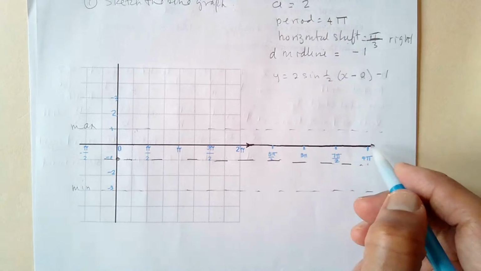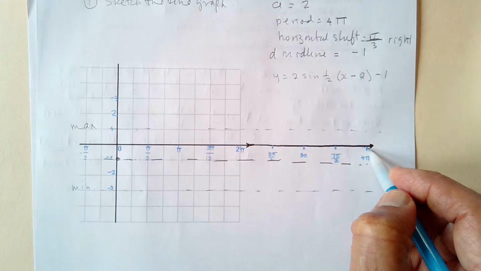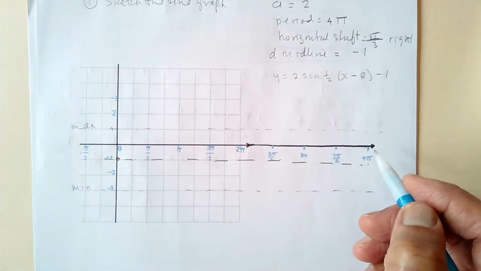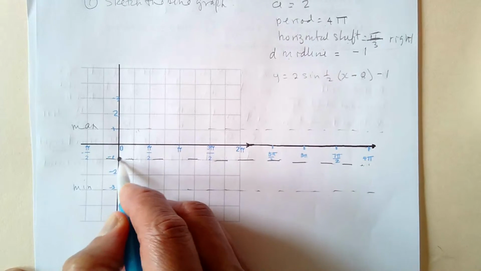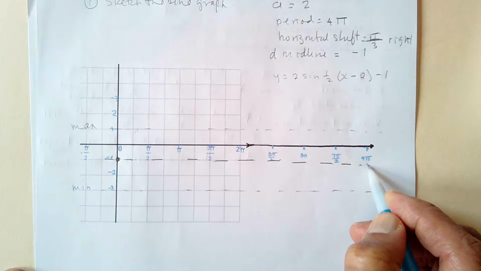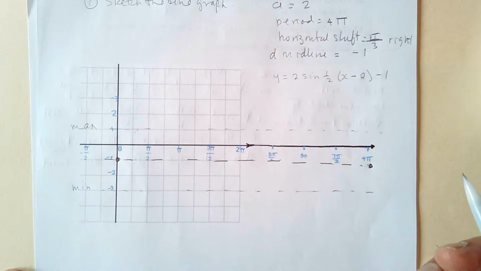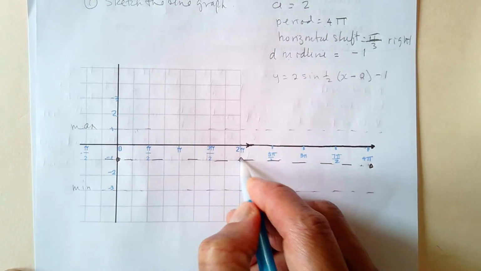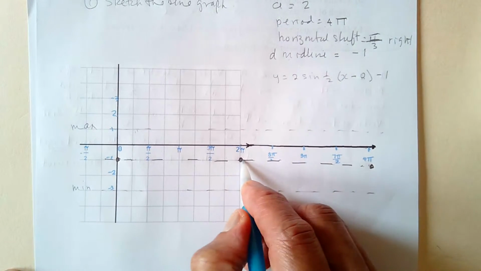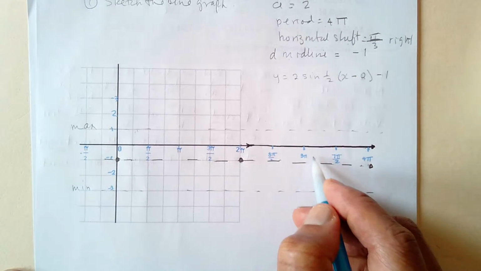Because we have 4 pi as a period, we need to have 5 critical points. So our first critical point, or main point, is the first one, and the last one here. Then we need a midpoint, the middle, and the middle between the middle, or 3/4, which is here.